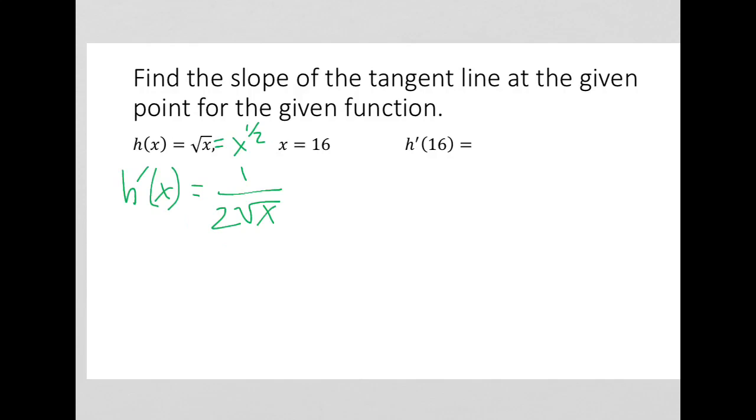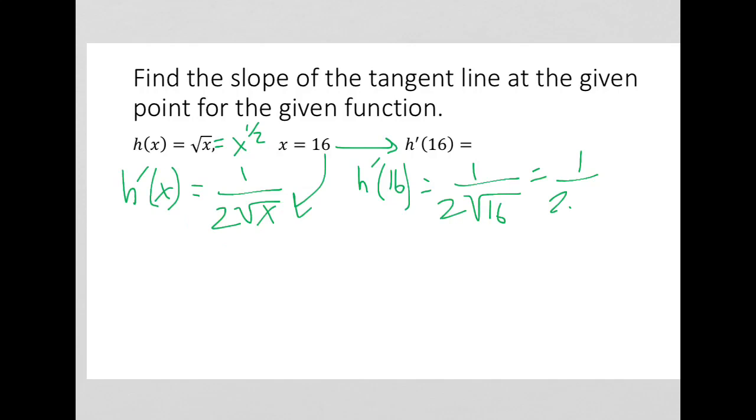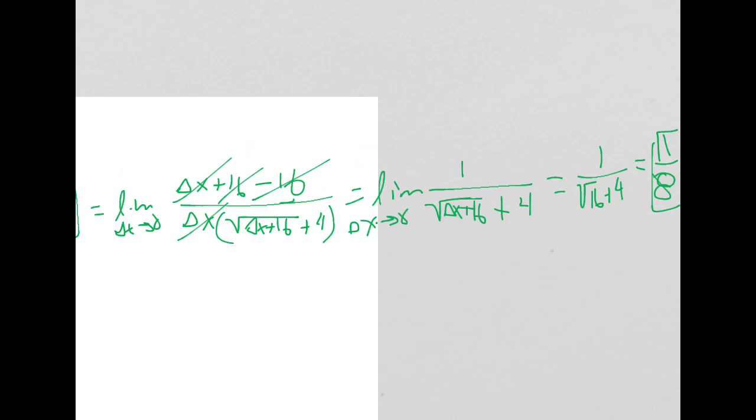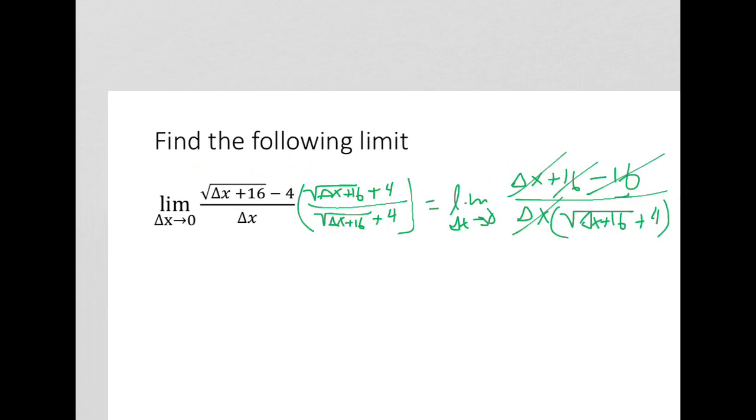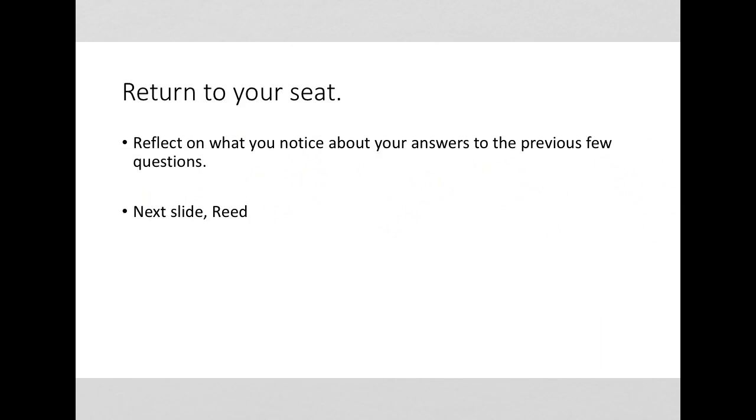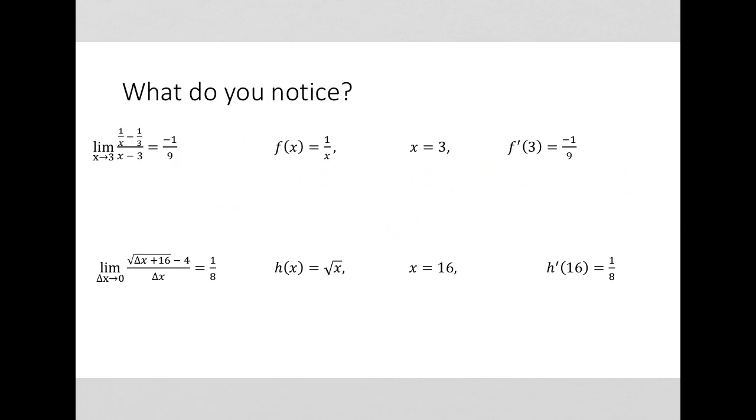The x value is 16, so plug it in there to get h prime of 16 equals 1 over 2 times the square root of 16 equals 1 over 2 times 4 equals 1/8. Weird, same answer again. So stare at these now and see if you notice anything.